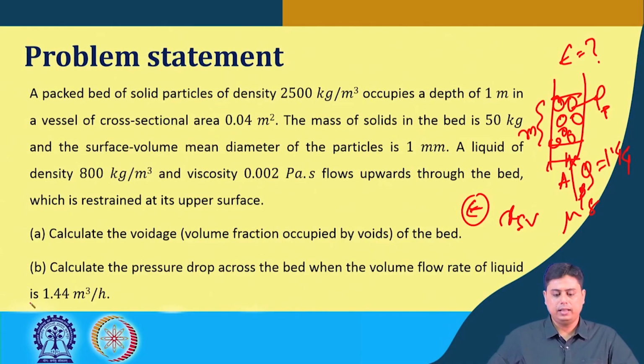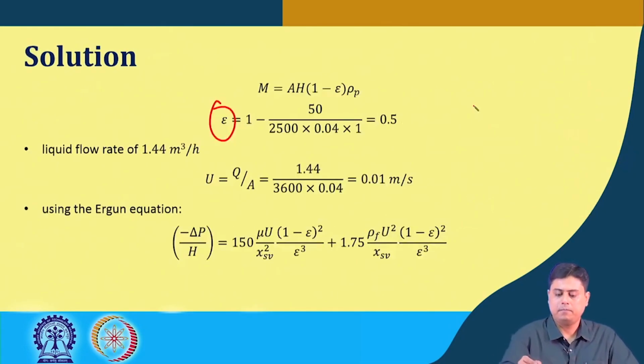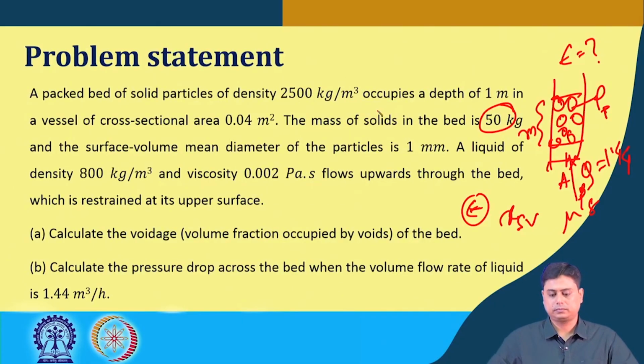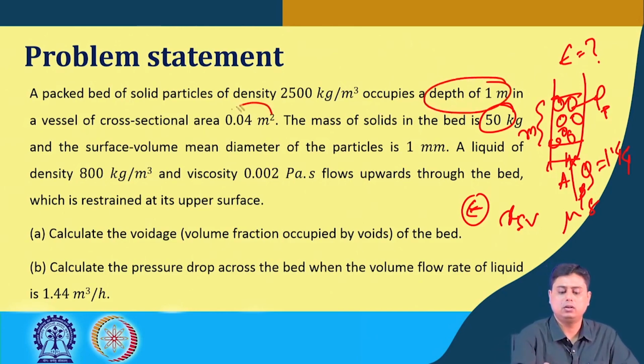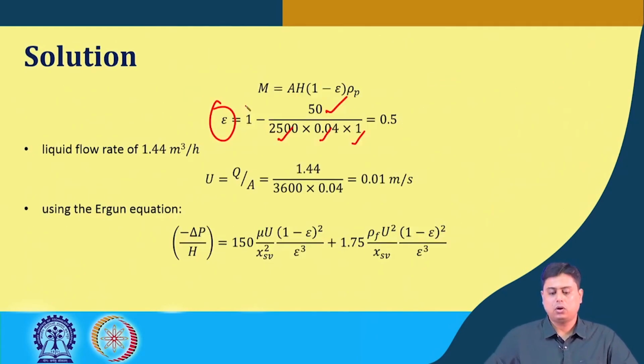Mass of the bed is given as 50 kg, rho p, cross sectional area, and the height. So, this depth is 1, cross sectional area is given. So, all the parameters are known, so we can find the bed voidage. This is the first part answered.